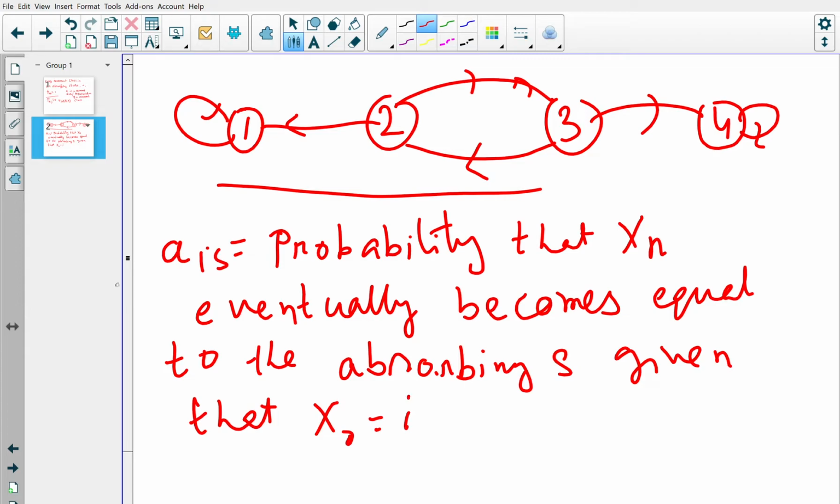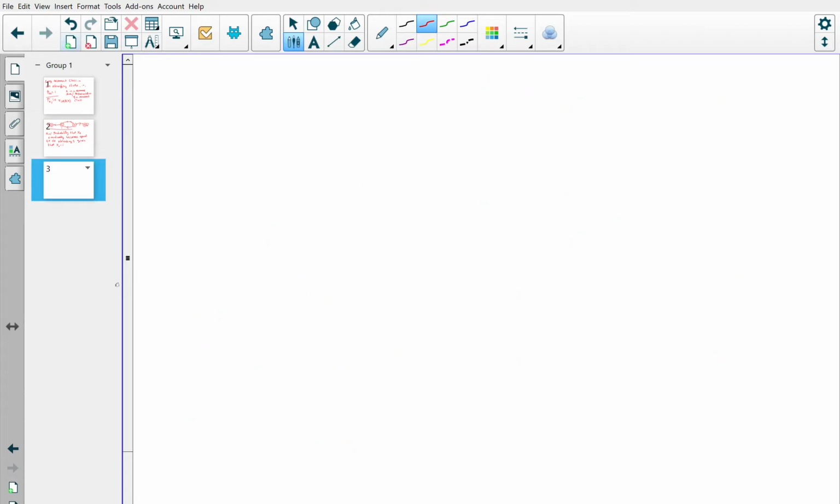So from state i, what is the probability that it goes to 1, or goes to 4? This is my probability. So the question is, can you calculate this kind of absorption probability?